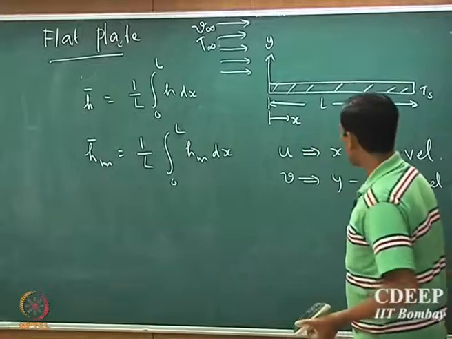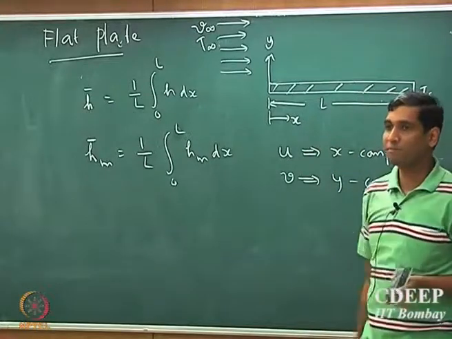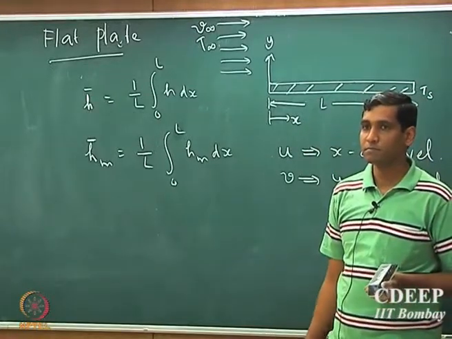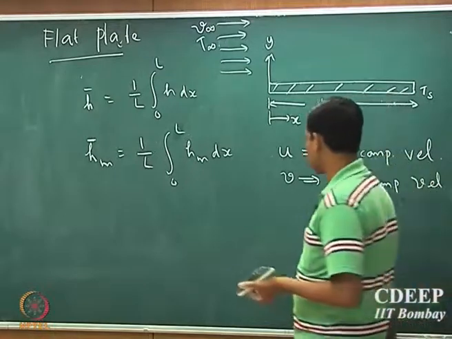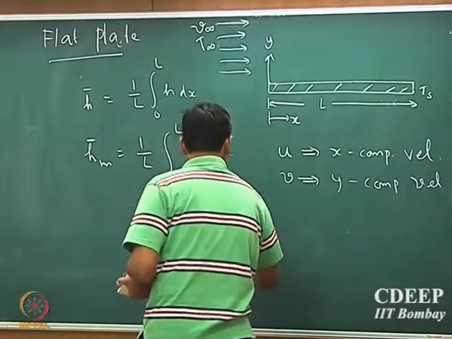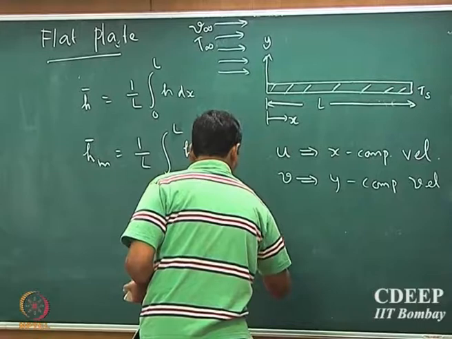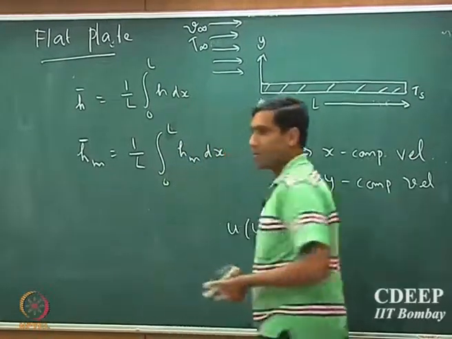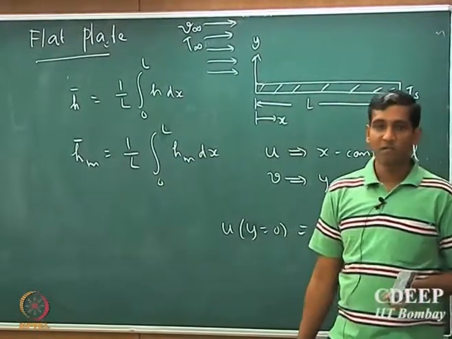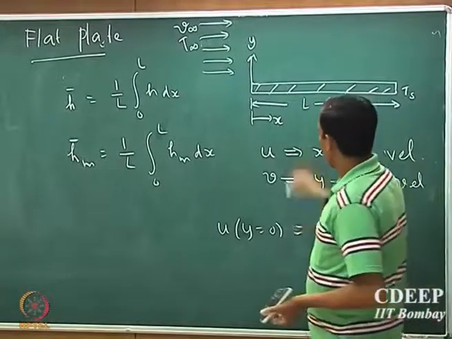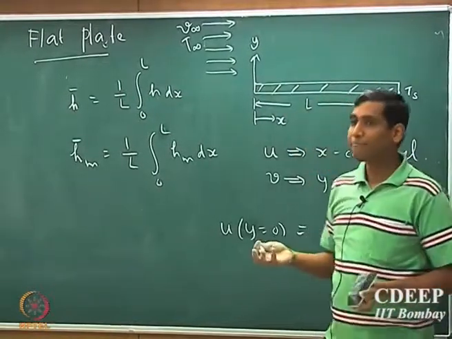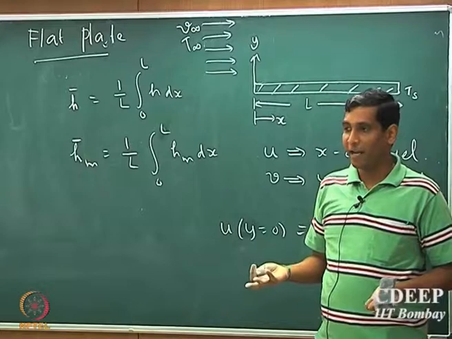What is u and v at y equal to 0? u at y equal to 0 is 0, right, because it's an interface where the flat plate is not moving, it's a solid plate.